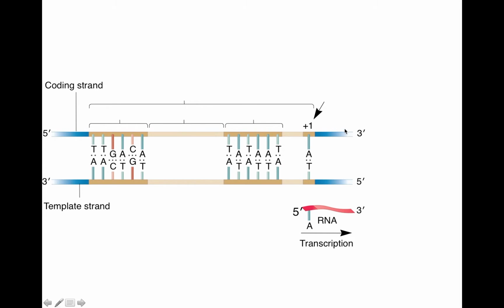Let's orient ourselves. +1 nucleotide is the first nucleotide that is transcribed into RNA. Okay? The promoter region is the upstream region. We call this region upstream, and this is downstream in this direction. So the promoter region is upstream of the start site, and it has 3 main regions to it.